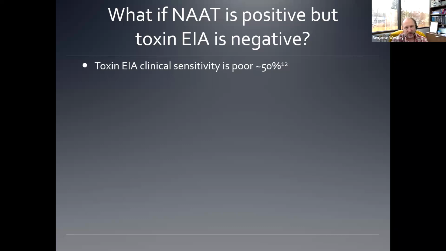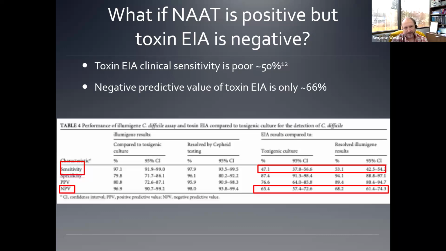It's about 50%. So that means that the negative predictive value is only about 2/3 in most cases. That suggests 1/3 of cases that are truly having diarrhea from C. diff will be missed if you decide whether to diagnose somebody solely based on a toxin.